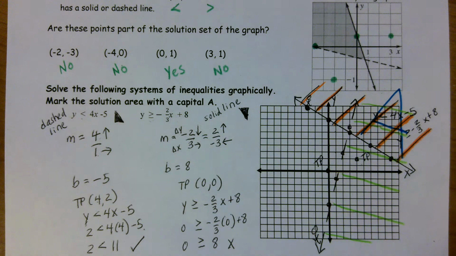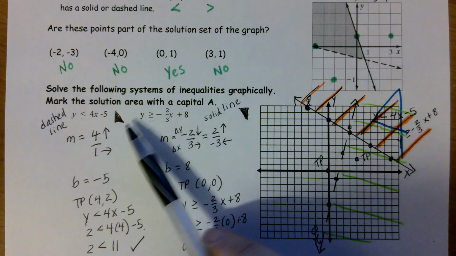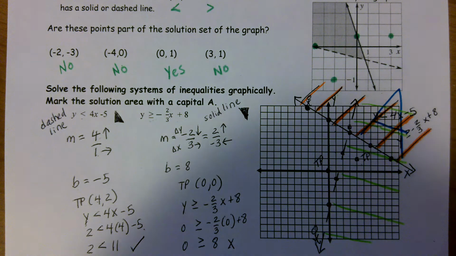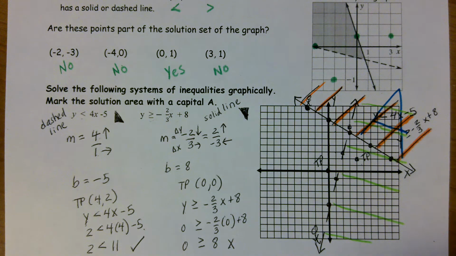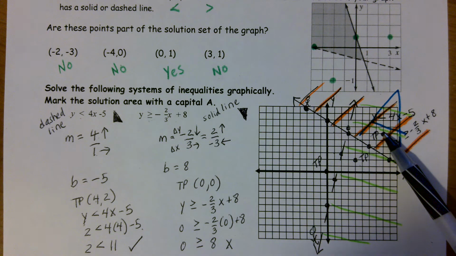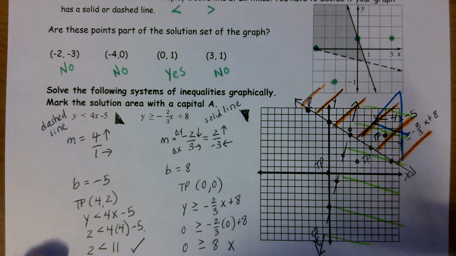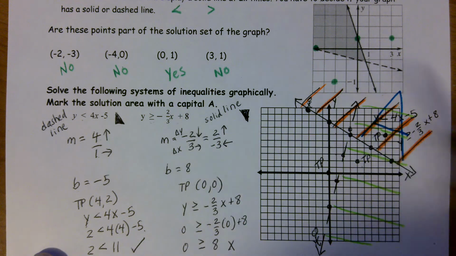What you can also do is pick a point here to make sure it works for both of these. I'm going to pick this testing point. This is 8, 6, and I'm going to make sure it works for both of these.